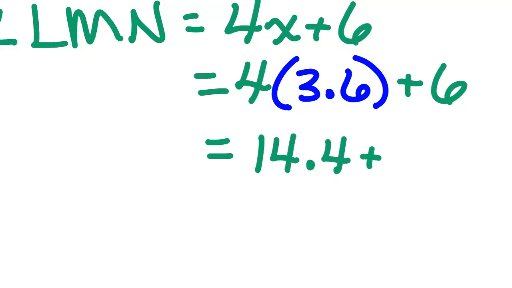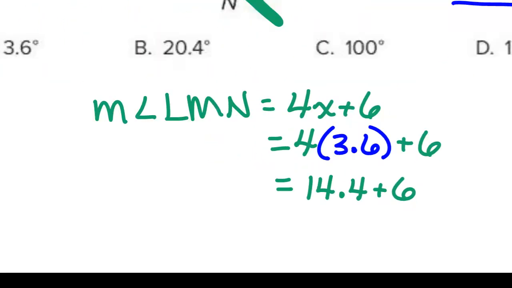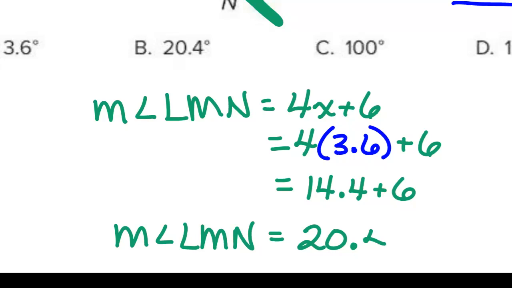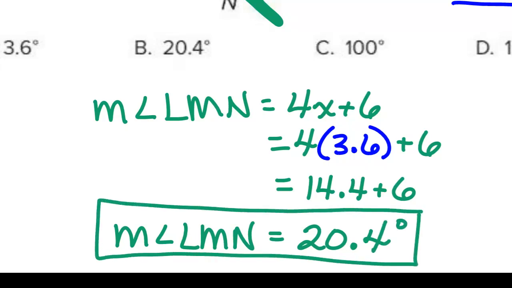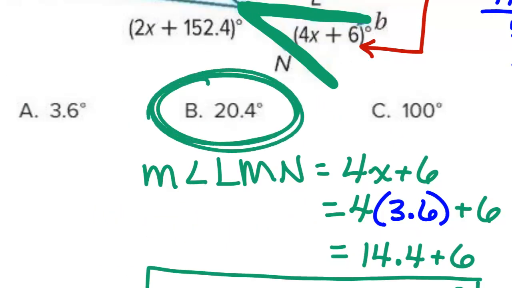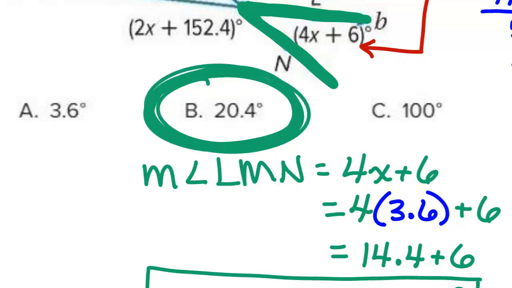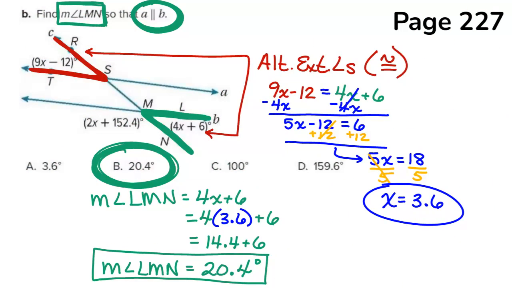So I have 14.4 plus 6, which would be what? 20.4. Since this is the measurement of an angle, it gets a degrees symbol with it, which means my answer is A, B, C, or D? B. Nice work.